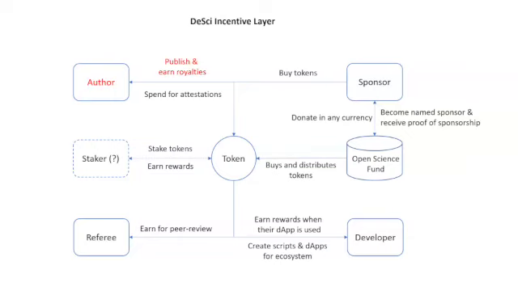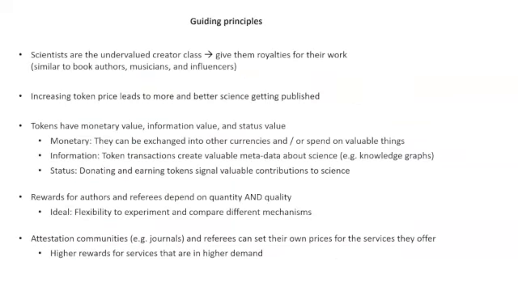But the one thing that I wanted to dive deeper into is this idea of how to create royalties for authors. Okay, guiding principles. First, scientists are the undervalued creator class. We should give them royalties for the work that they're doing, very similar to royalties that book authors receive, musicians receive, influencers receive.